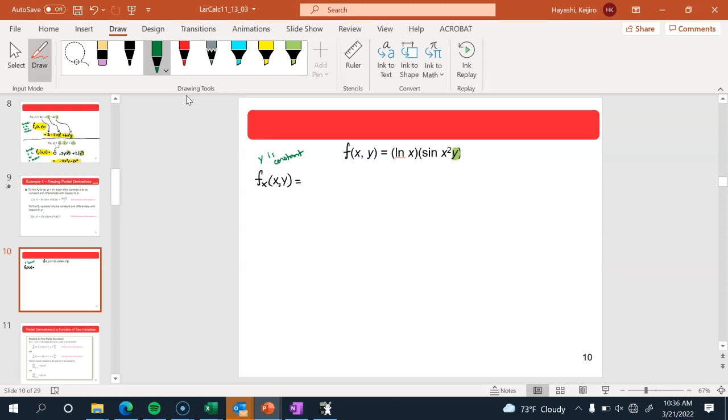With respect to x, this is a product of 2 functions of x, so you have to use the product rule. And very likely inside of that product rule there's going to be some chain rule, maybe.